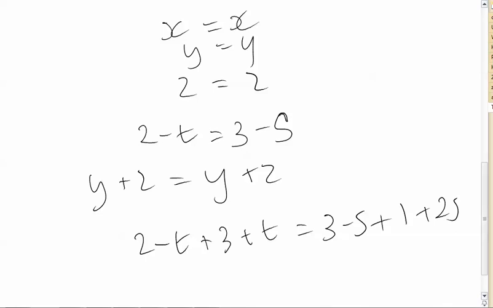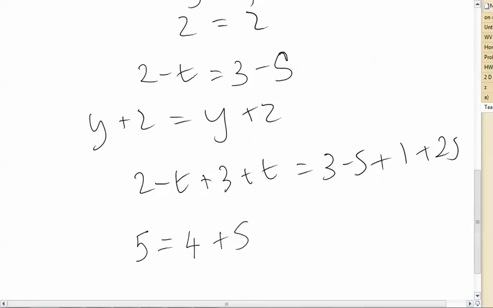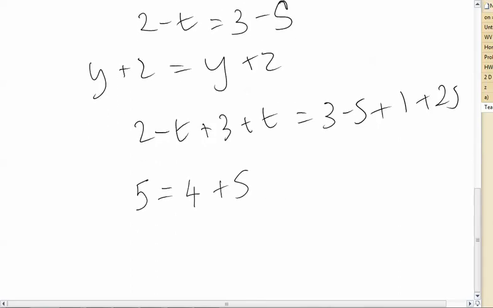So if you simplify this, negative t plus t should cancel the t, so then you just have 5. And then on the other side, you should come out with 4 plus s. So I just minus 4 on both sides, so s equals 1.